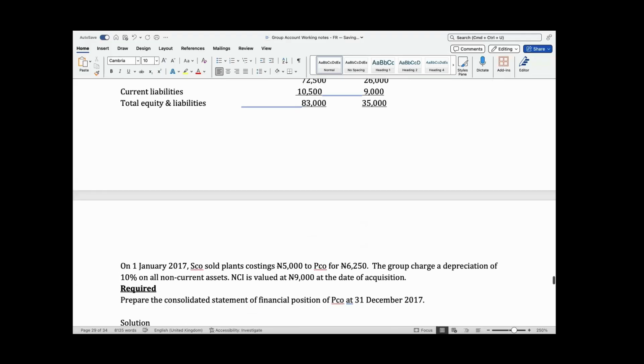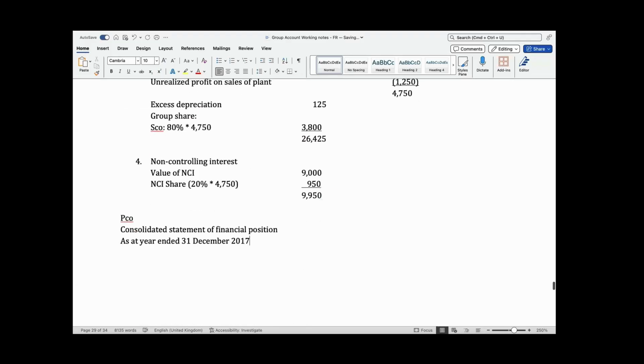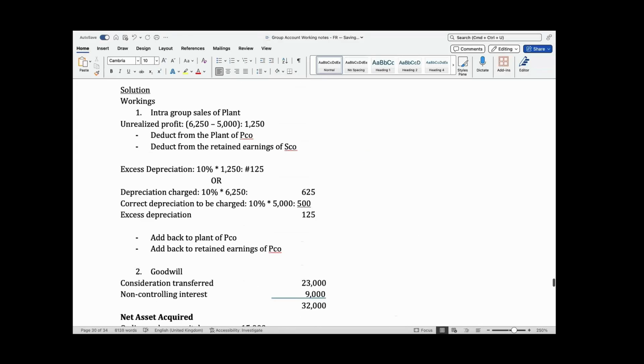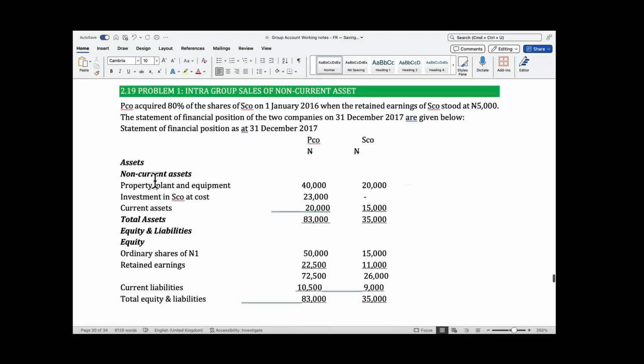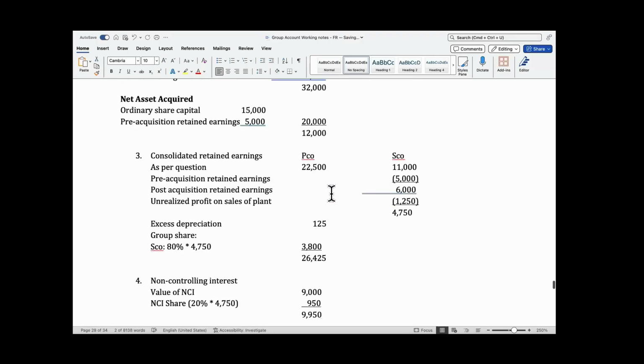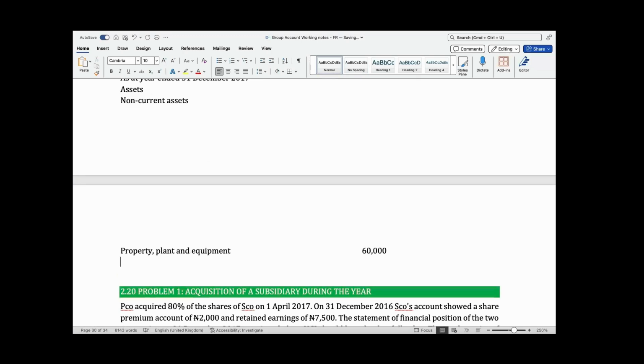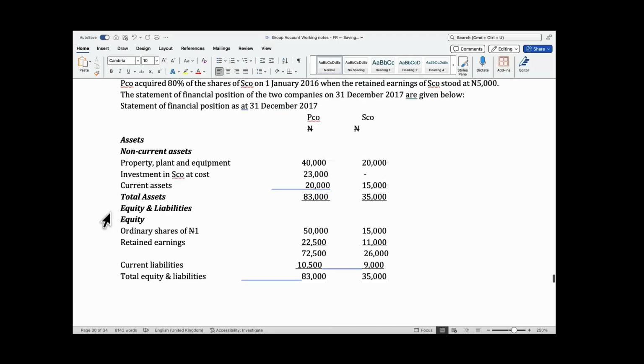It's 2017 now. What was the first item here? PPE. You add it, giving 60,000. Then what's the next item?